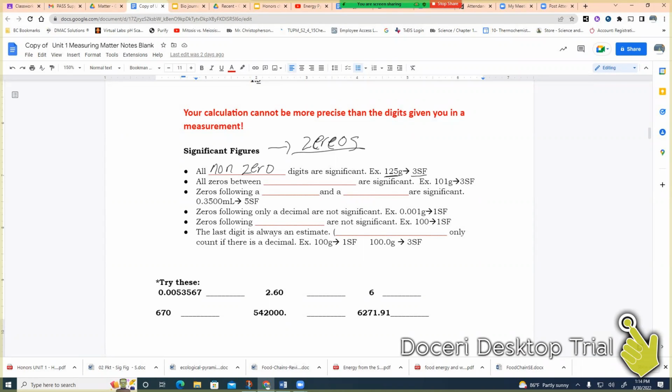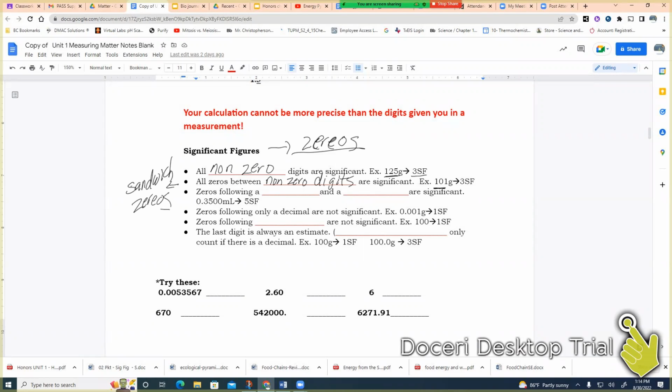All zeros between non-zero digits are significant. So here, if I look at 101, the zero I'm interested in is in the middle. So it's sandwiched, it would be significant. So that has 3 significant figures. I call these sandwiched or sandwich zeros.